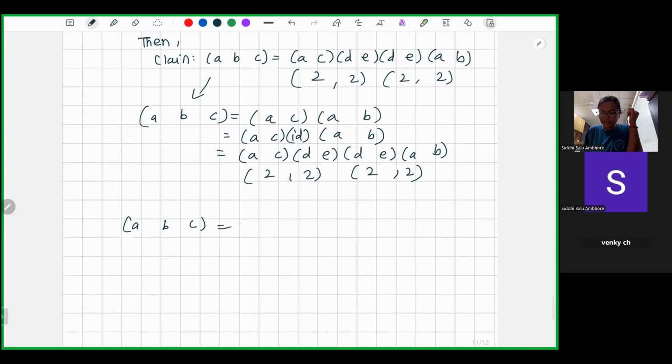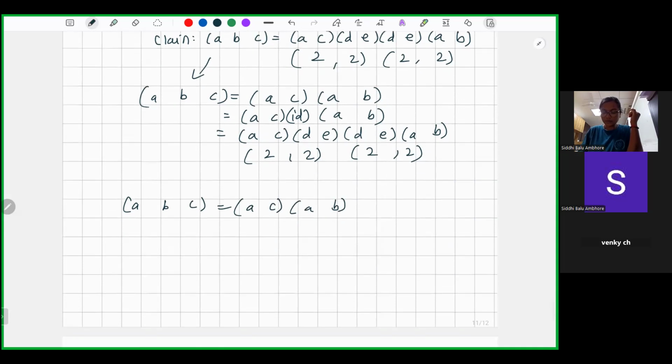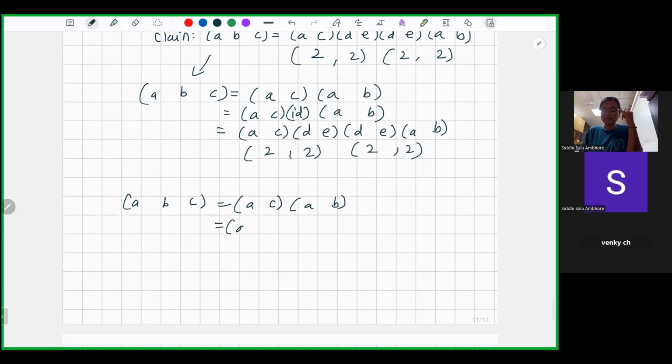I can write (A B C) as (A C)(A B), that is okay, but we can't then say that this is 2-2 type.